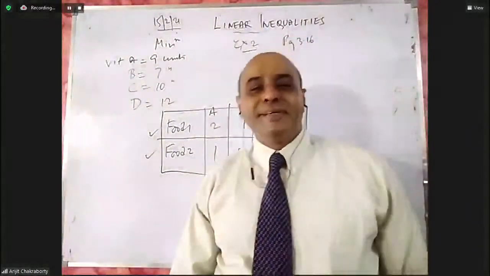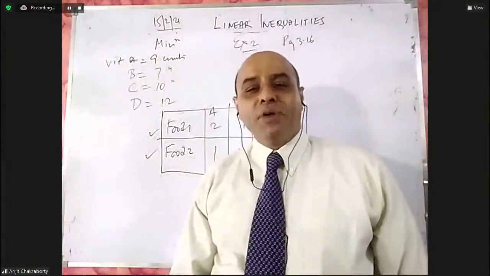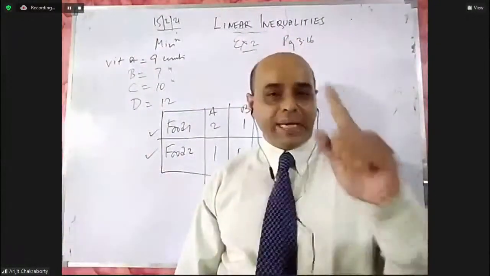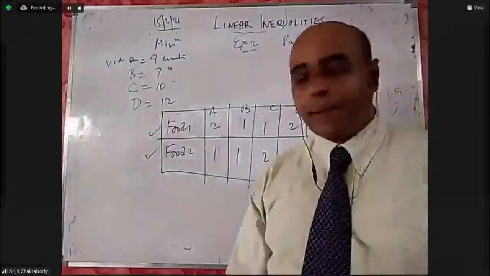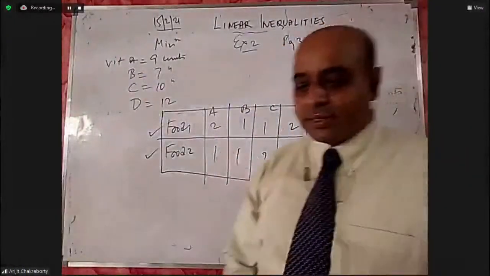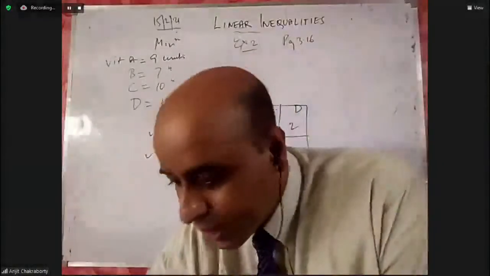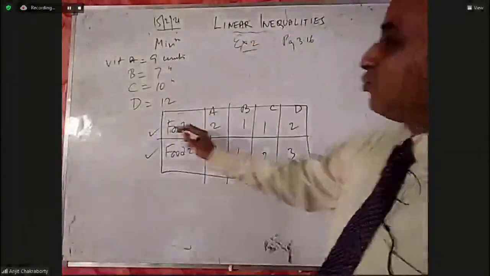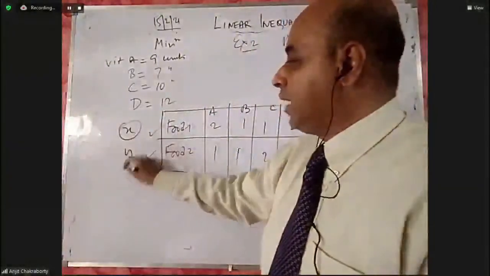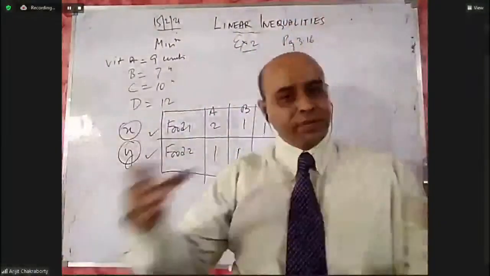Now the question is, for vitamin A, very simple. How many units of vitamin do you need for A? You need 9. So let me assume that X units of food 1 is mixed with Y units of food 2. It's a mixture.